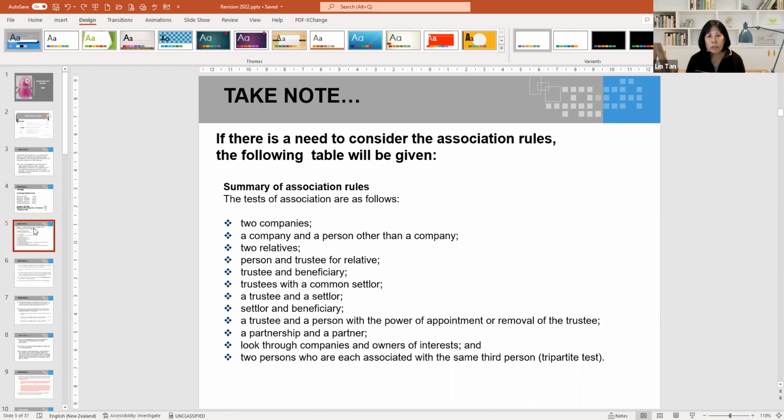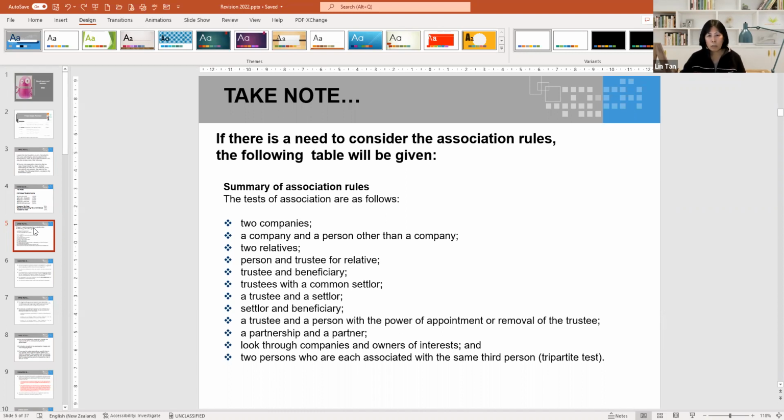Now we have covered the topic on the associated person rules, and they are important, because it is a sort of anti-avoidance provision to make sure that they don't let somebody enjoy the benefit and at the same time escape payment of tax.